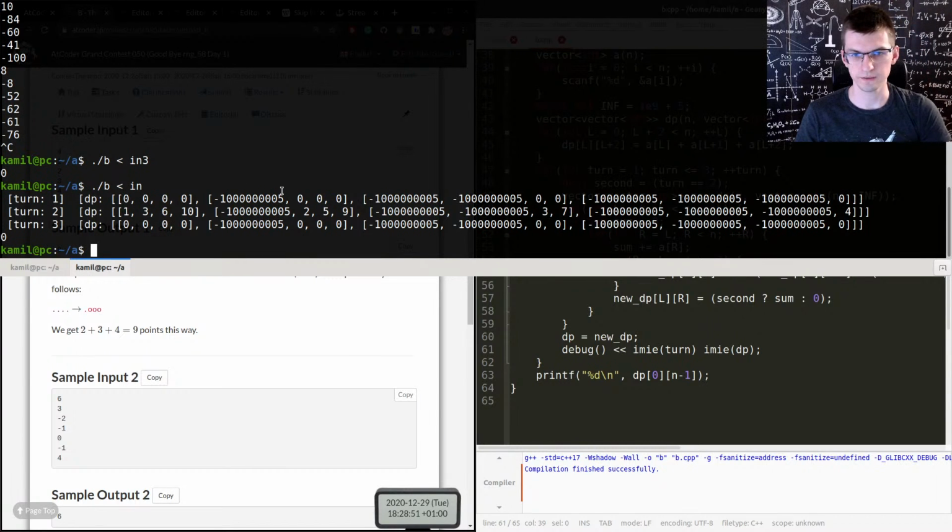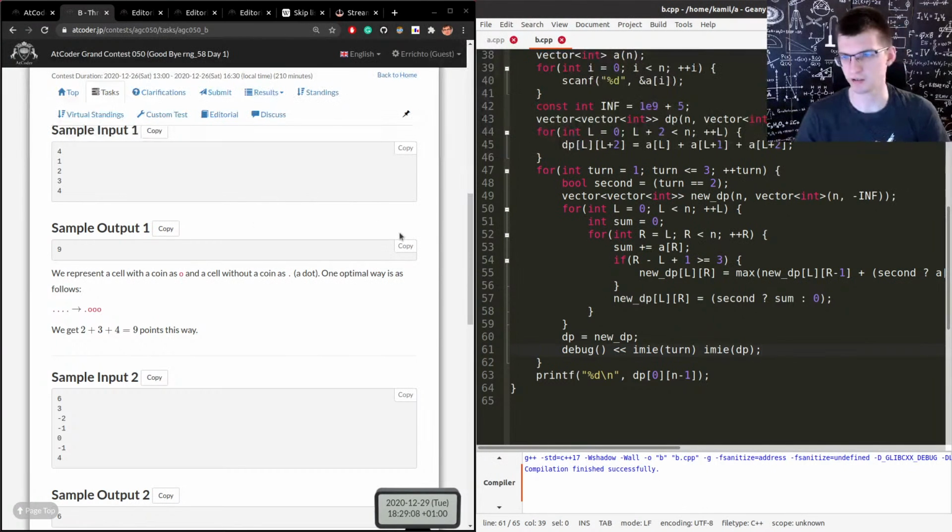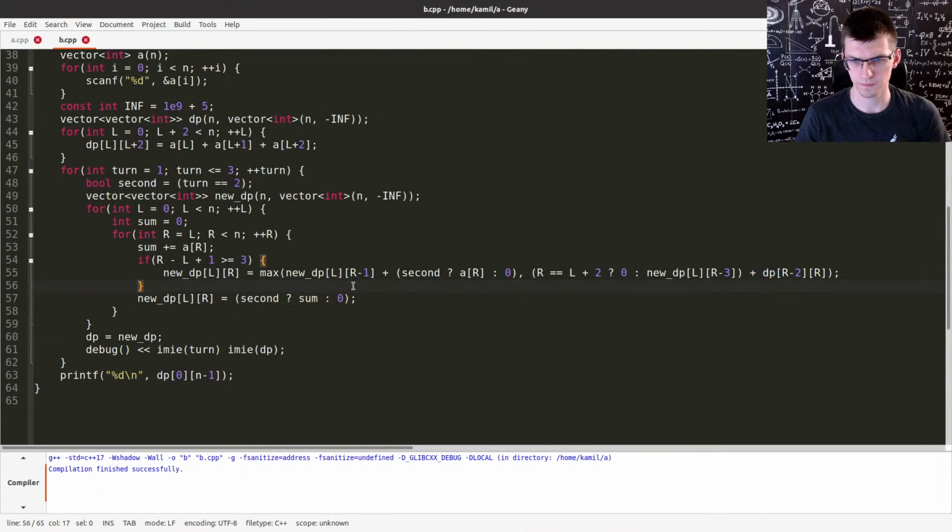At turn 1, there are some zeros. Turn 2, there are some positive values, and then zeros again. But this DP should consider the previous layer. New DP.